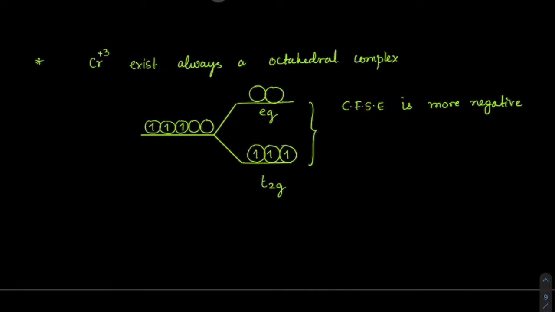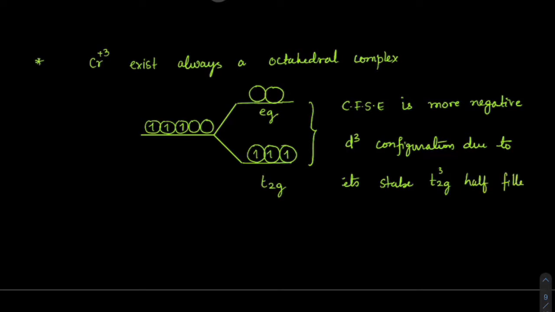So CFSE values being more negative, hence we can say that d3 configuration, due to its stable t2g half filled configuration, is very stable.